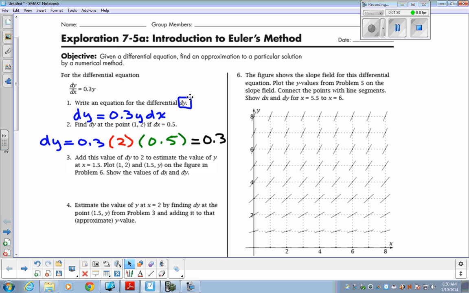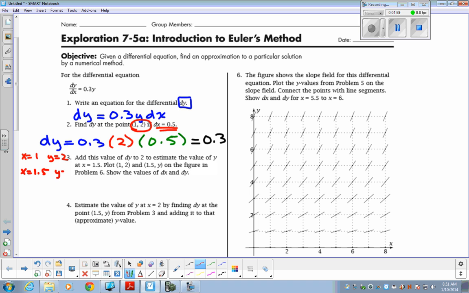In number 3, it says, okay, add this value of dy to 2. Well, where did this 2 come from? Well, initially we were given that we were starting at the point (1, 2). That means when x was 1, y was 2. We also know that our dx was 0.5, which means our next x value would be add 0.5 to 1. That would give me 1.5.